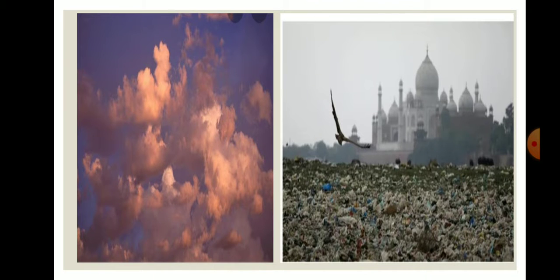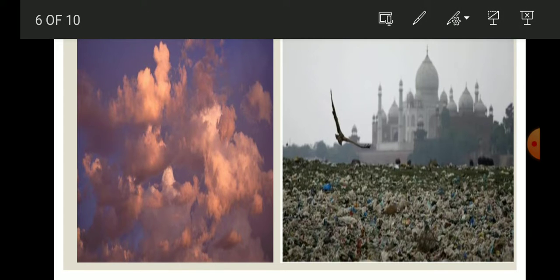Now here you can see that this is a very beautiful image. This is how it would look if there was no garbage. Okay, there is lots of garbage behind this Taj Mahal, and the garbage and the pollution released from the nearby area of the Taj Mahal cause the formation of a cloud.